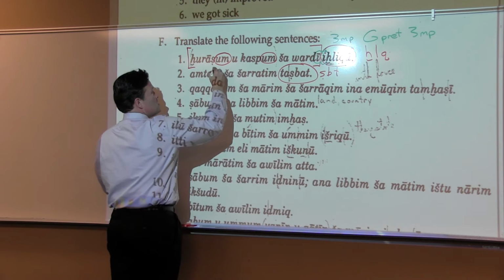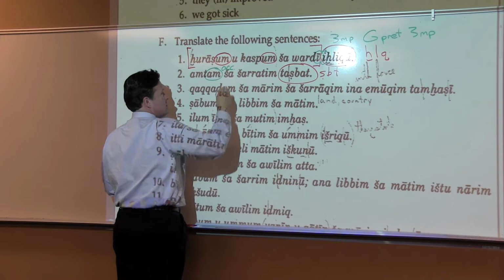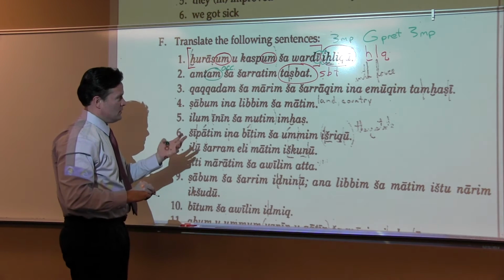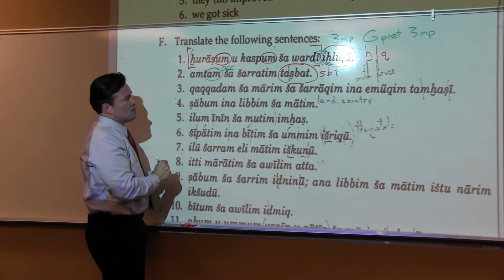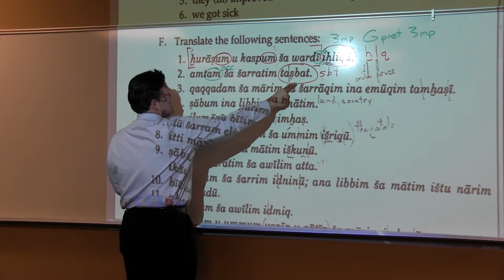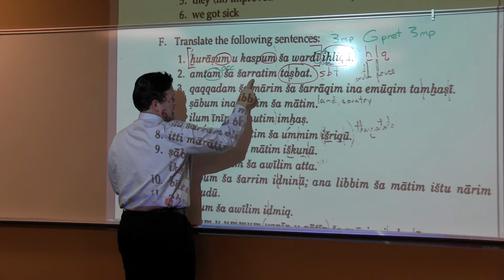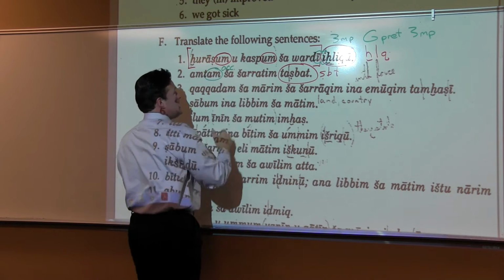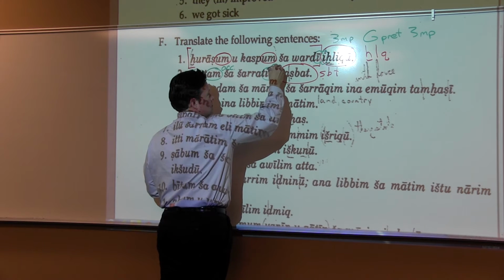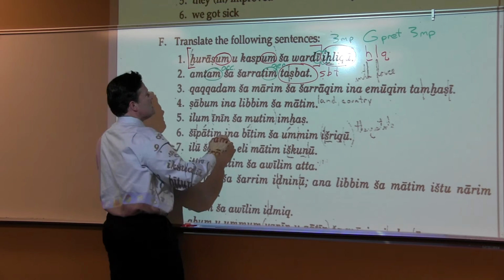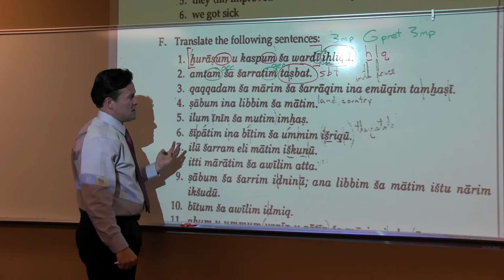This is the accusative ending. So the accusative case marks the direct object in languages, and it does in Akkadian as well. So, you seized the female servant of the queen. So the im is the genitive case.